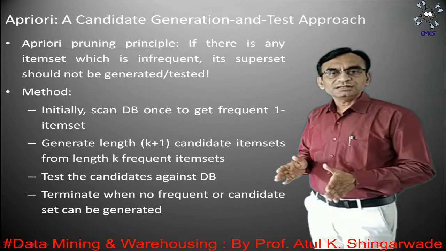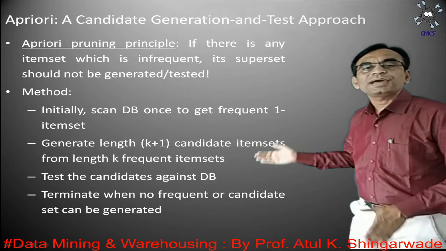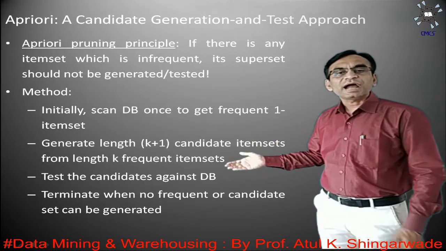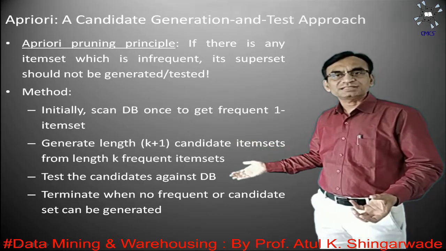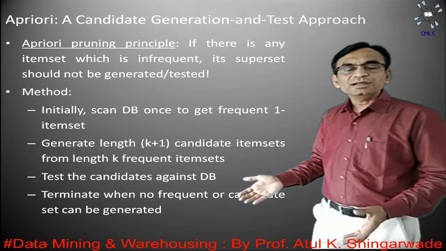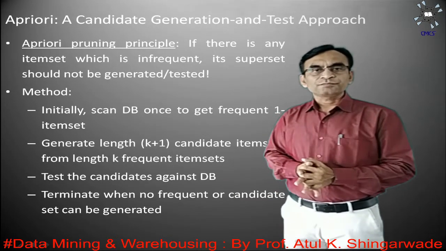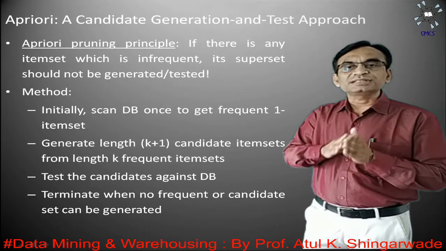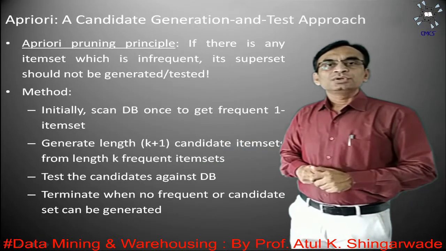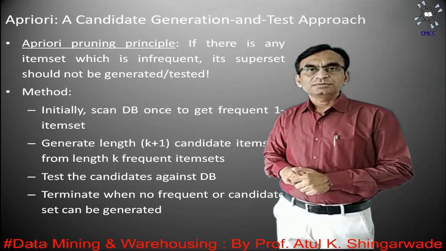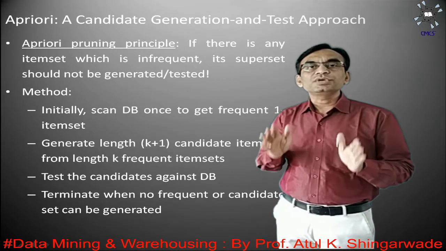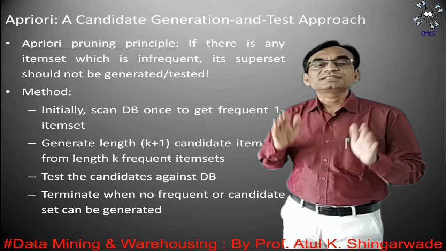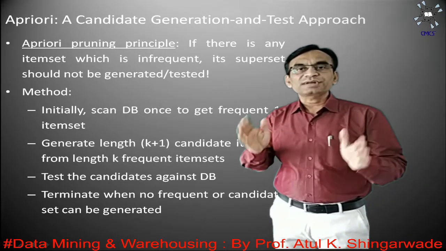Once that is done, in the third step we compare the generated candidate item set with the database. While comparing, we remove those items from the candidate item sets which do not satisfy the minimum support criteria.